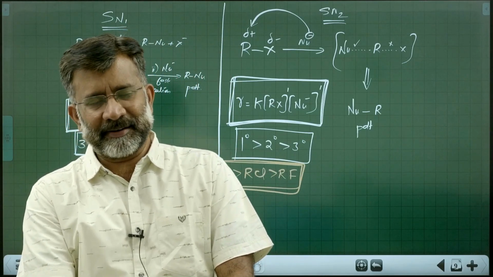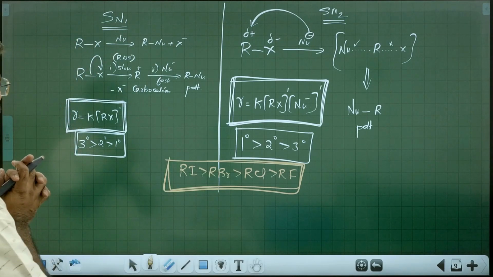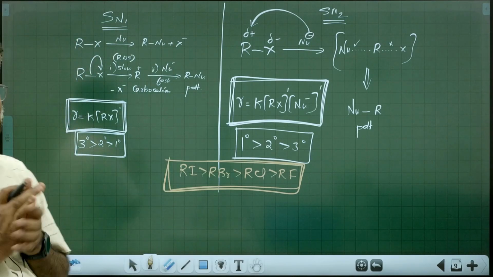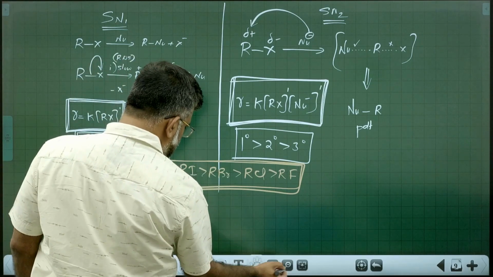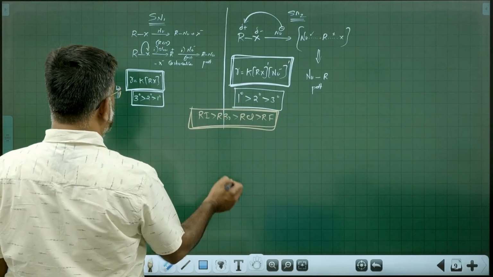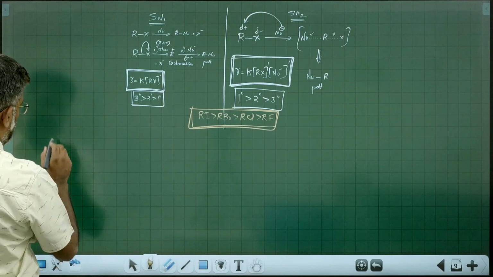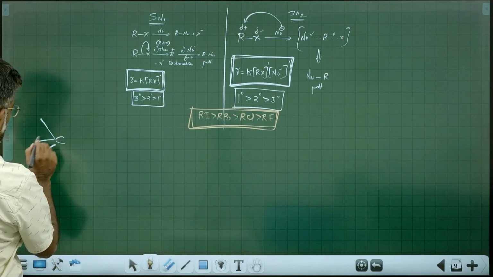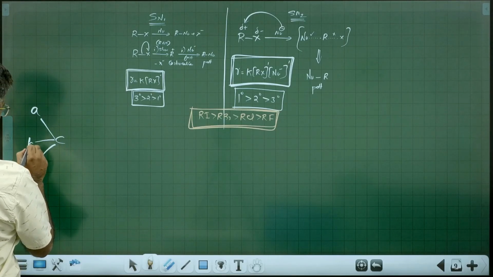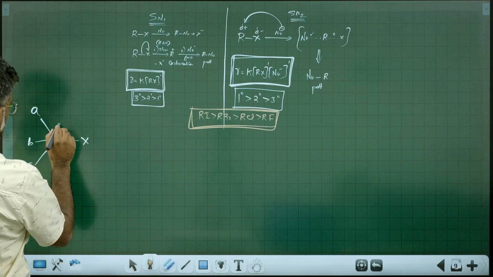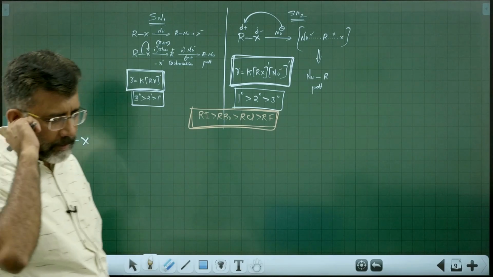Now we need to discuss some stereochemistry involved in SN reactions. There is a slight difference in the stereochemistry involved in SN1 and SN2 mechanisms. Suppose we are taking the SN1 mechanism and imagine the reactant molecule is a carbon connected to the groups or atoms A, B, C, X. Quite naturally, you can understand this is a chiral center, a chiral carbon.